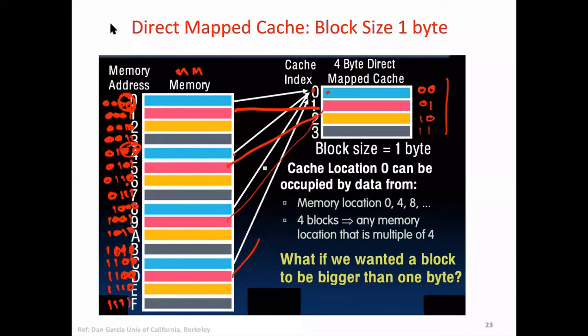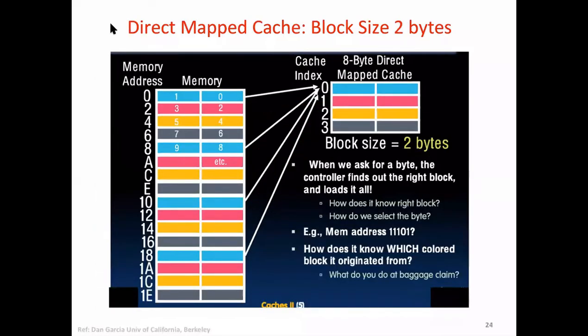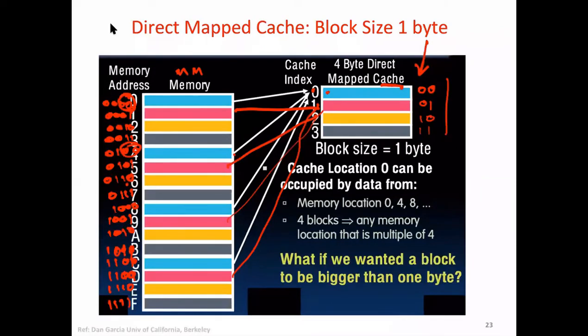So what information do you need now to access this? How do you know? Suppose you get an address like 0110 corresponding to this byte.